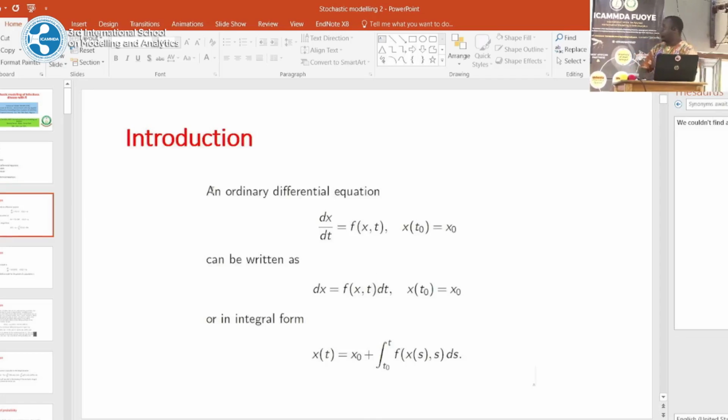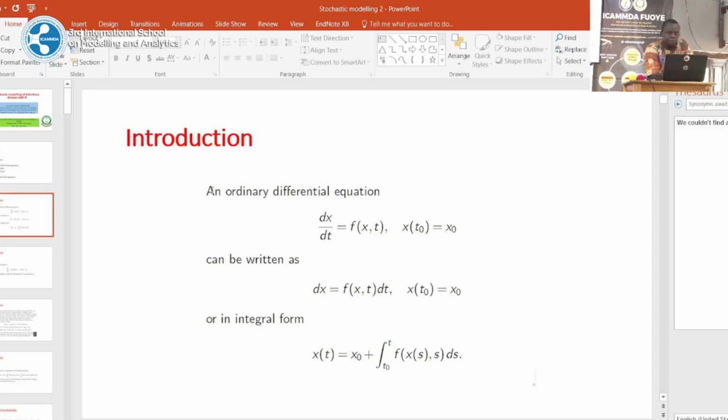we have an ordinary differential equation, dx equals f of x, t, x(t0) equal to x0. This is just an initial value problem, IVP, because it has an initial condition. So the initial condition there is x(t0), which is equal to x0.